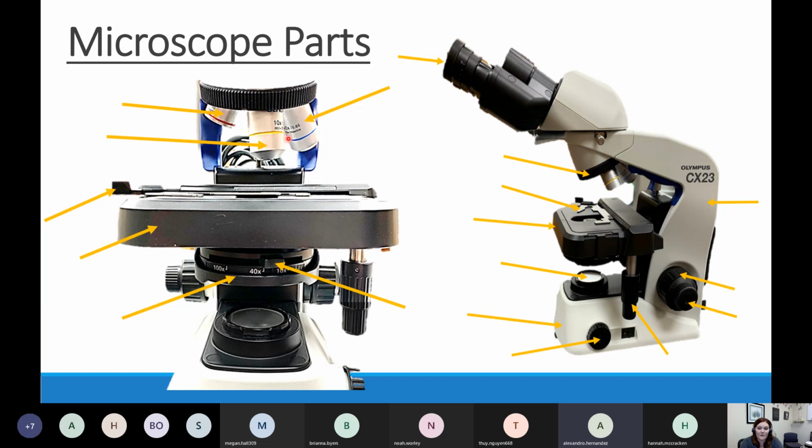Our final objective, the one that works the hardest, is called the high power objective, the blue objective. The high power objective by itself makes things 40 times bigger. So when we're looking at the teeny tiny cells that make up your skin, for example, we probably are going to have to take those all the way up to the blue objective to see them clearly.